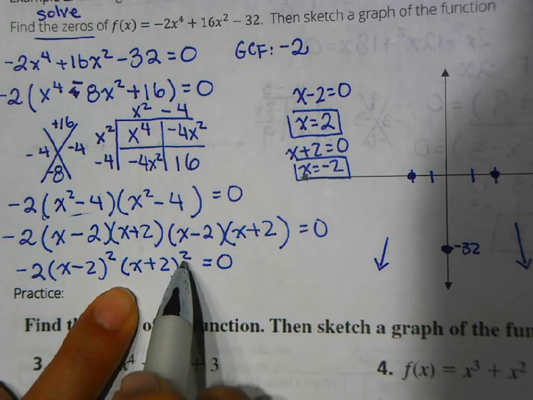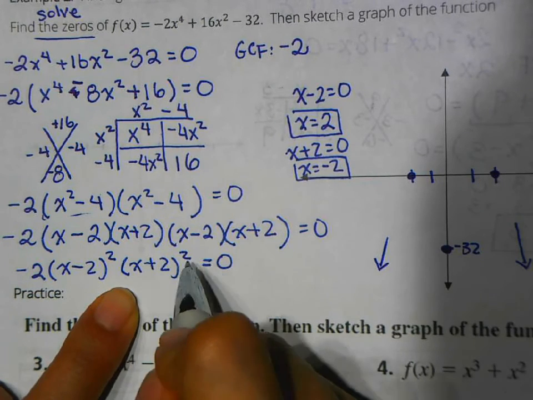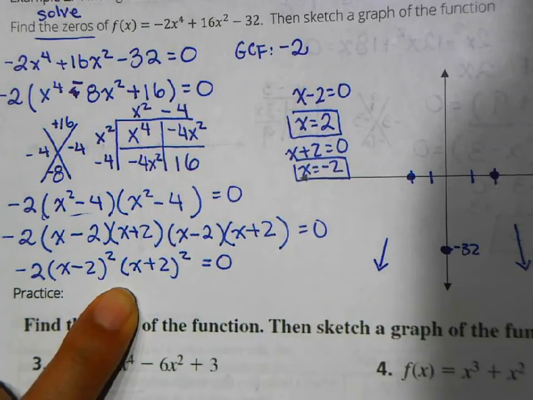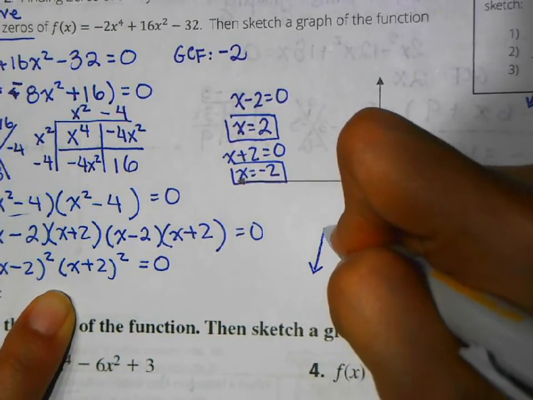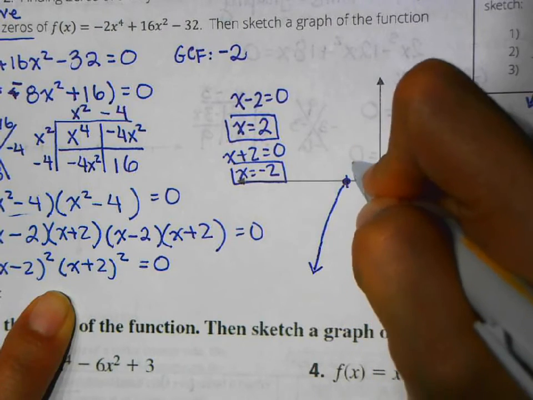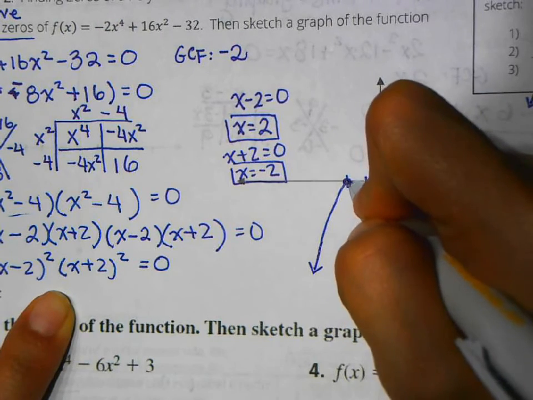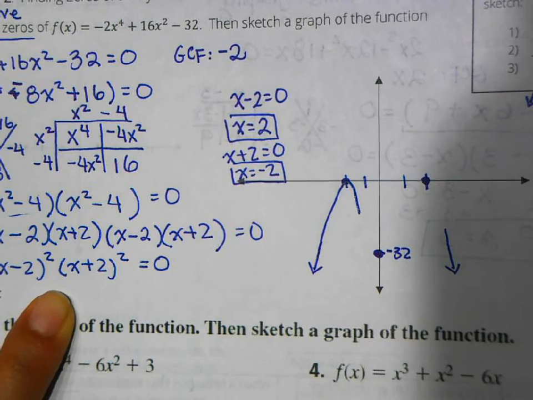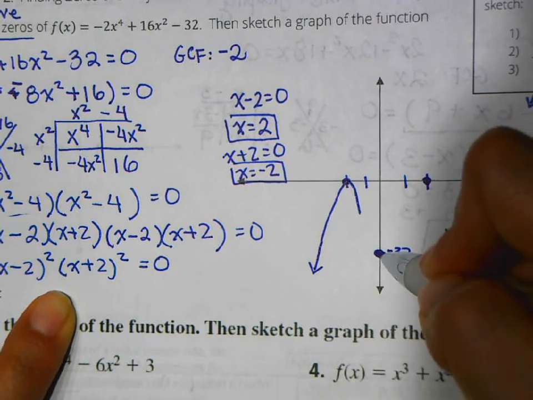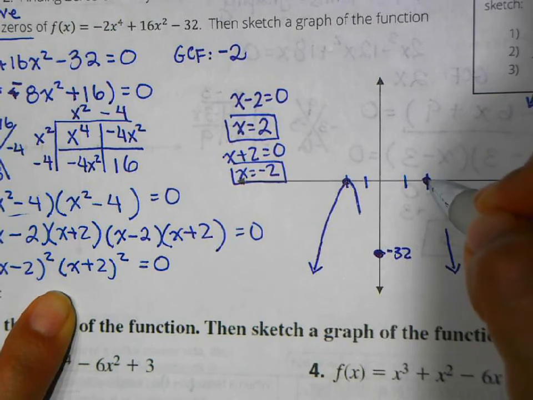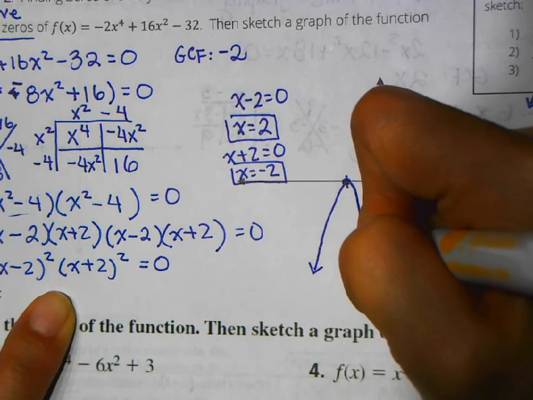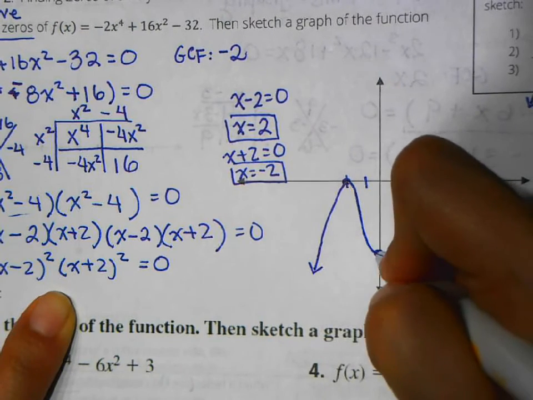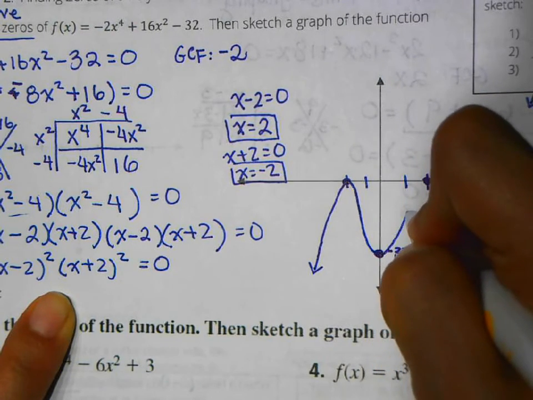My factor is raised to the second power. Remember that when it's even, it bounces. So that means on my graph, I'm going to go up to negative 2. But I'm not going to go across. I'm going to bounce right back down. And somehow I need to reach negative 32 on the y-intercept and get back up to my x equals to 2. So easiest choice, most logical choice would be to curve down and curve right up.